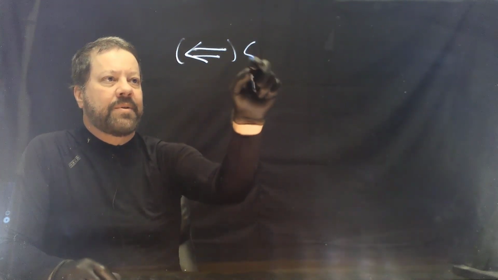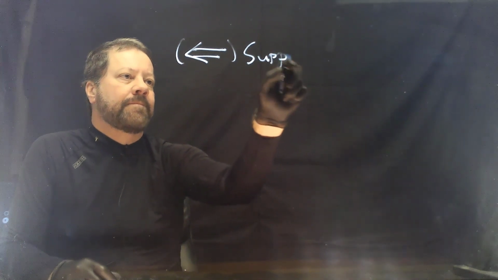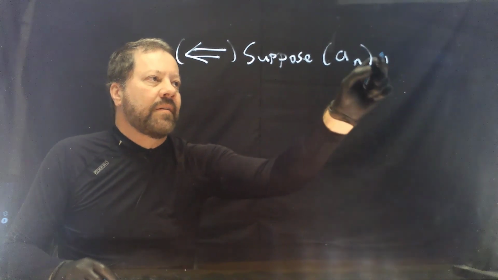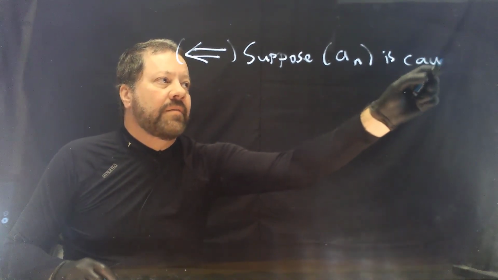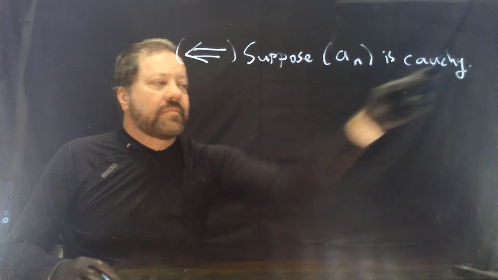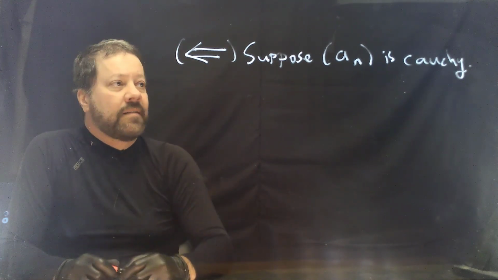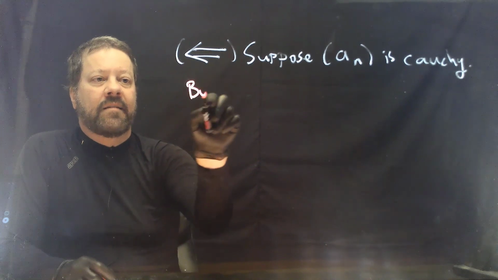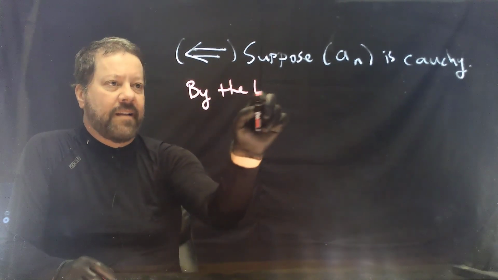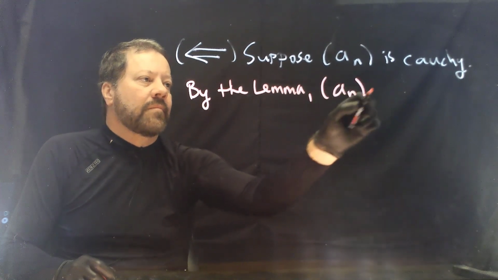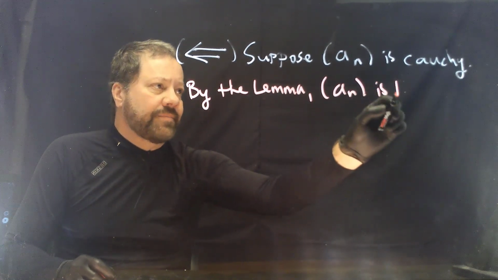we'll suppose our sequence is Cauchy. Our goal is to prove that the sequence converges. But by the lemma, this is bounded.